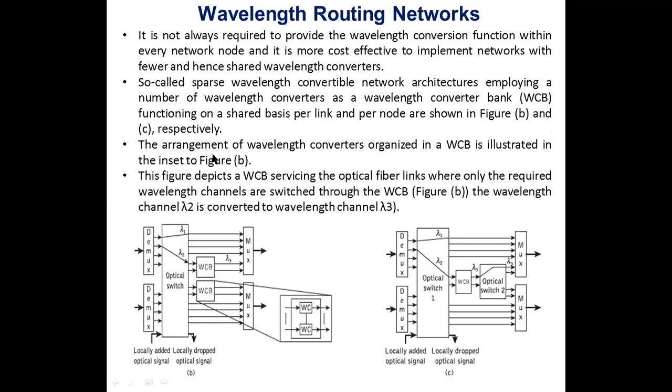And this will employ a number of wavelength converters in a wavelength converter bank, WCB, or this can be shared per link or per node, as you can see in diagram B and C. So the arrangement of wavelength converters in a wavelength converter bank is shown in diagram B. This wavelength converter bank will service fiber links where only the required wavelength channels are switched using the wavelength converter bank. And you can see in diagram B that wavelength channel lambda 2 is converted to lambda 3.